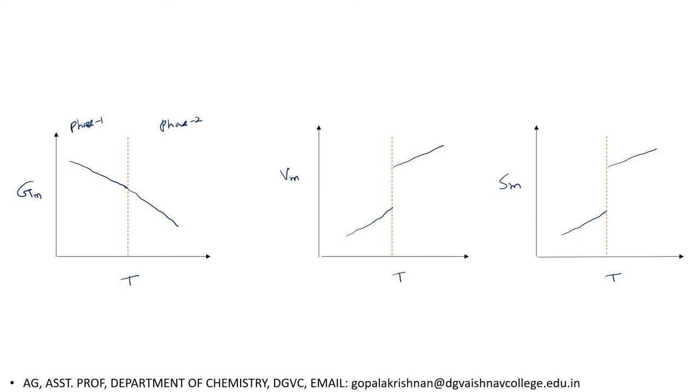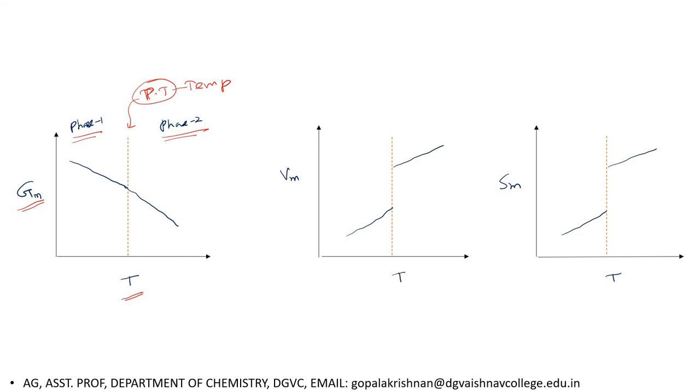Listen, in the case of a first order phase transition, if we plot molar Gibbs free energy versus temperature, here on the left hand side we have phase 1, and on the right hand side we have phase 2. This dotted line indicates the phase transition temperature, or the equilibrium temperature.